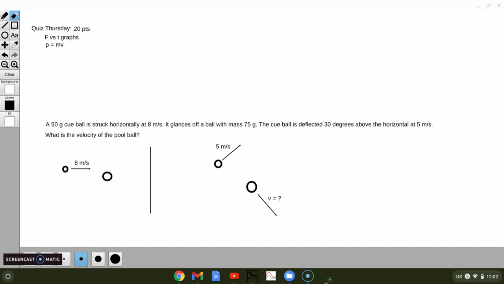It will be through Canvas now instead of on paper. We'll just kind of see how that goes. All right. I will probably also let you do one retake if you would like.